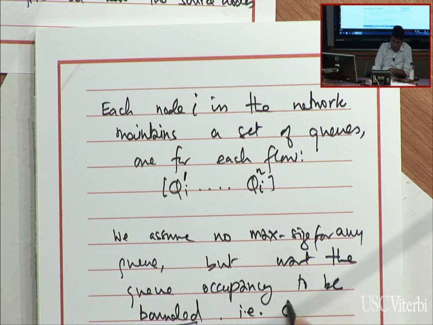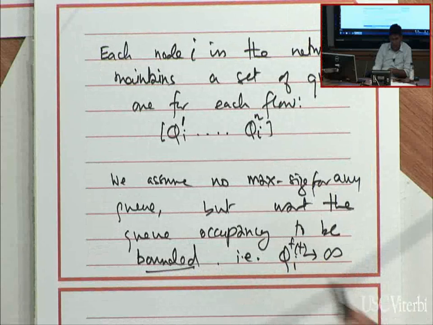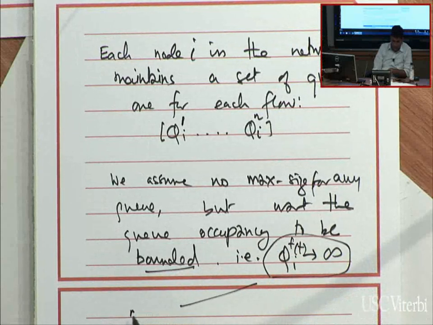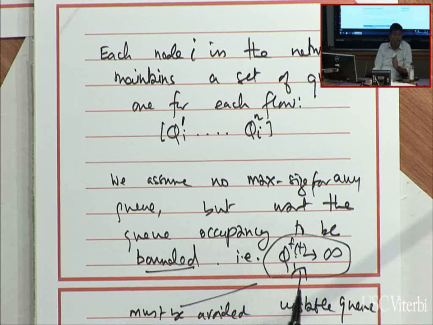That is, if I have a queue, and for a particular flow it was getting larger and larger over time, this must be avoided. This is what we call in network theory an unstable queue.